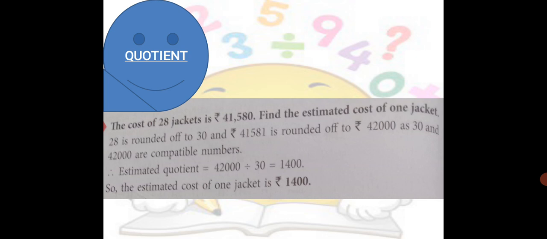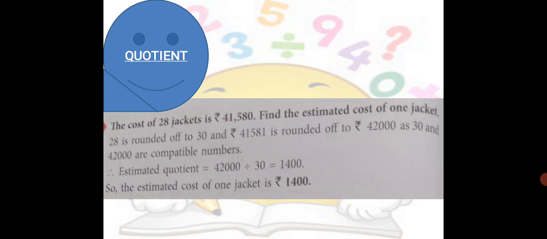Now what will we do? We will divide 42,000 by 30, and we will get 0 remainder as well as the quotient. As a quotient we will get 1400. It is the estimated quotient, children.